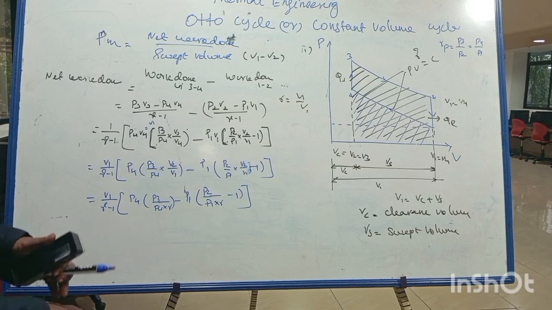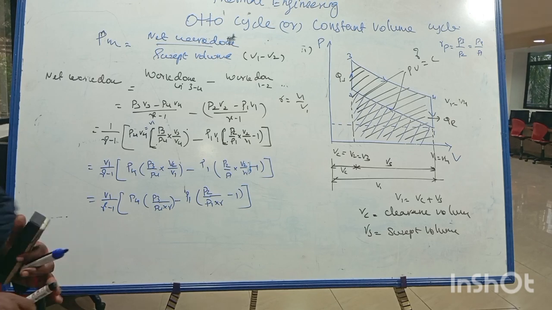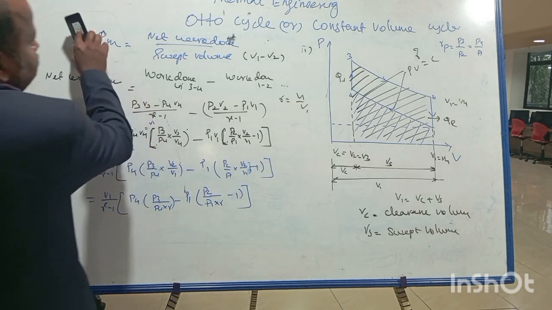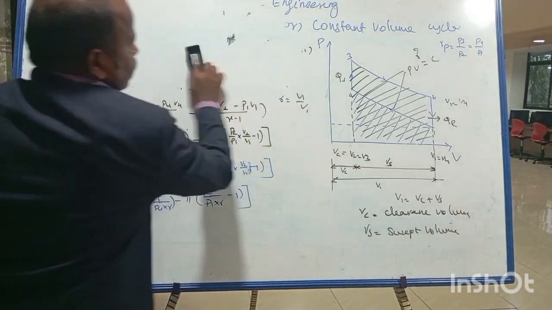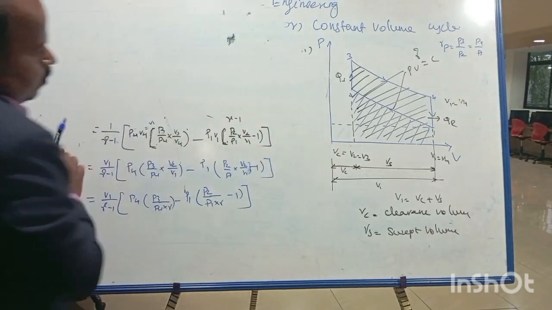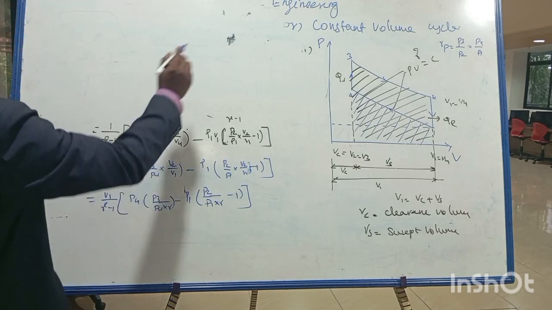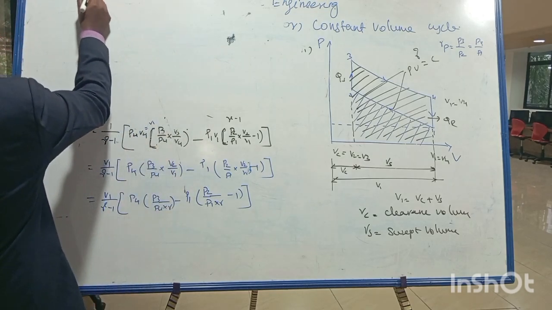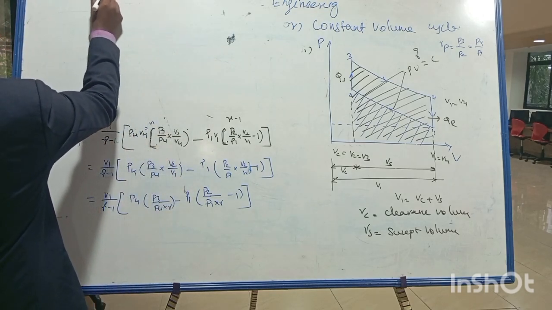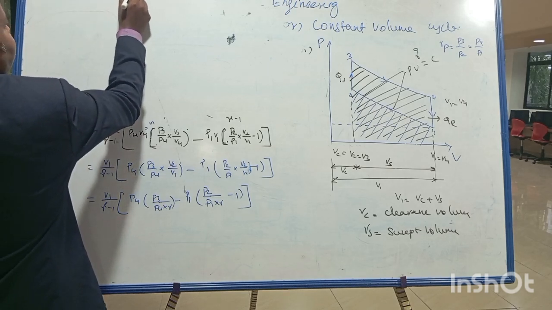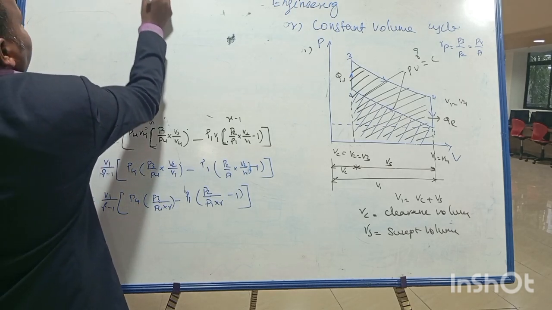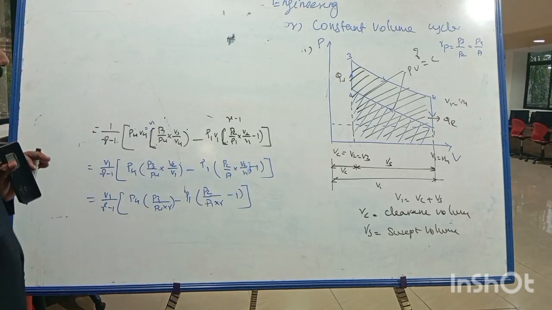So if you look at the process 3 to 4, that is adiabatic expansion. So I am going to write P3 V3 power gamma is equal to P4 V4 power gamma, that is equal to constant.